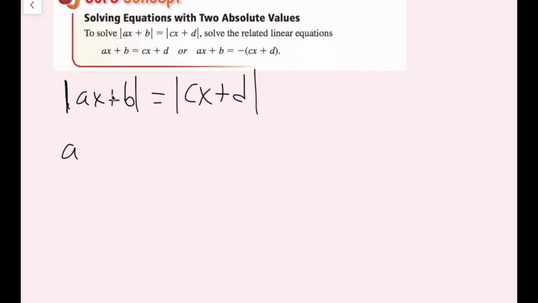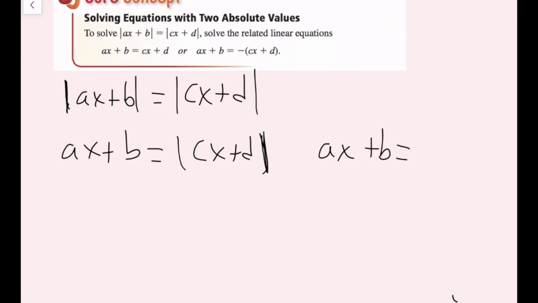So I'd rewrite this as ax plus b equals positive absolute value of cx plus d, and then ax plus b equals negative absolute value of cx plus d. Okay? Well, now I want to unwrap both of these things.